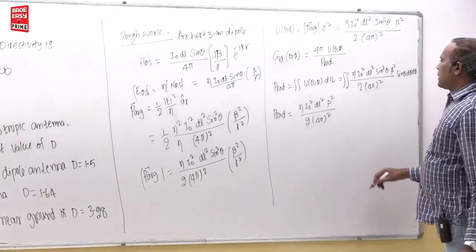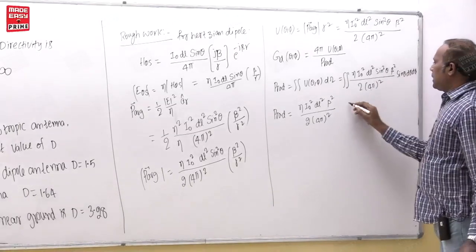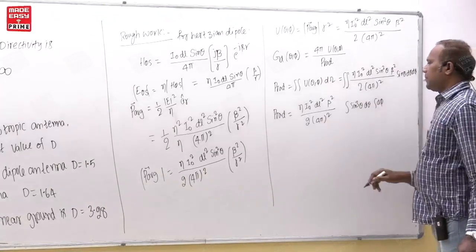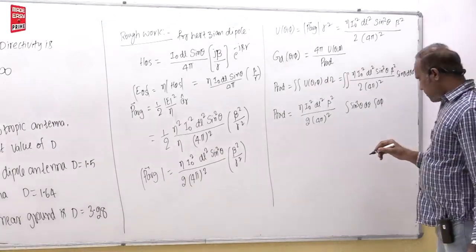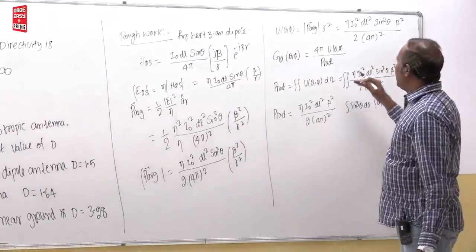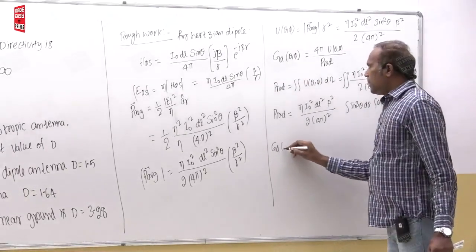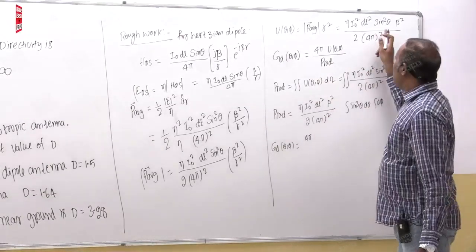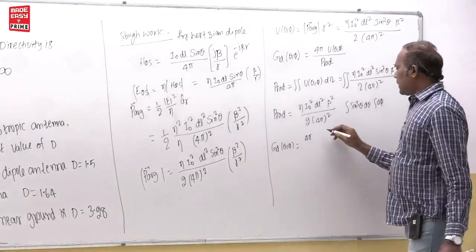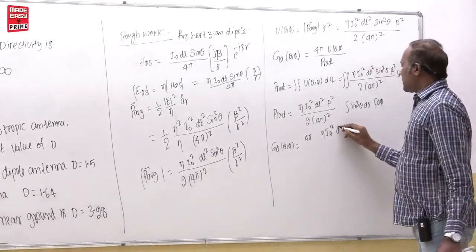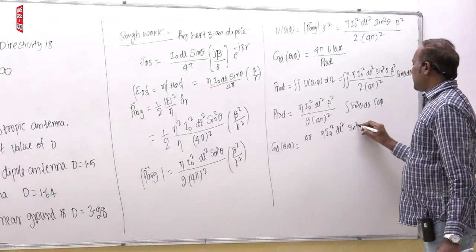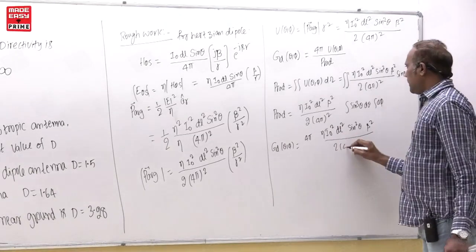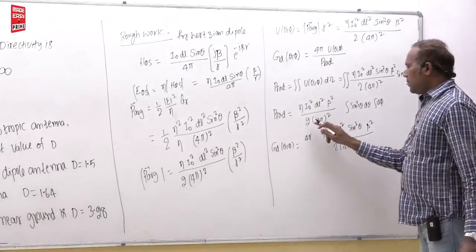This is all constant, no? Then the integral of sin cube theta d theta, integral d phi. So what I will do, I will take this ratio now. G_D of (theta, phi) is equal to 4 pi, then U(theta, phi) is this one: eta I naught square dl square sin square theta, then beta square divided by 2 times 4 pi whole square.